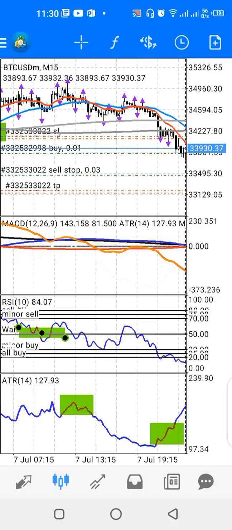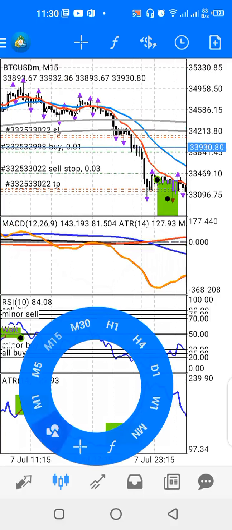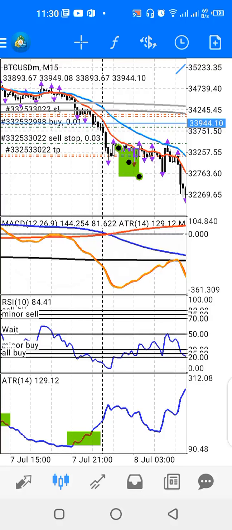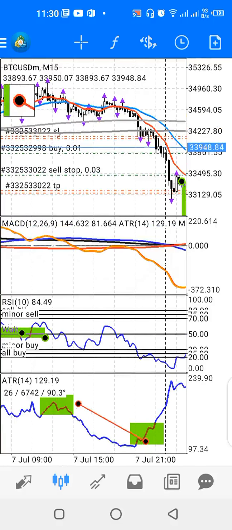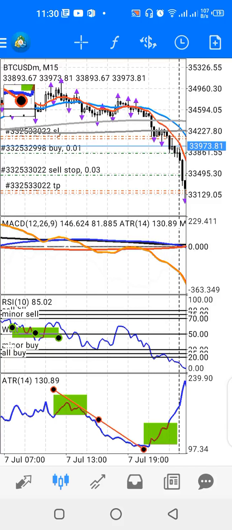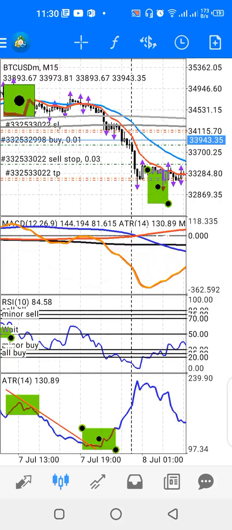Of course, you can fine tune this by drawing trend lines. You can draw trend lines to know when the ATR line will cut the trend line. Like your trend line tapers around the ATR line in this manner. So when you have a cut, like a breakout of the line, like around here, that's your buy signal.